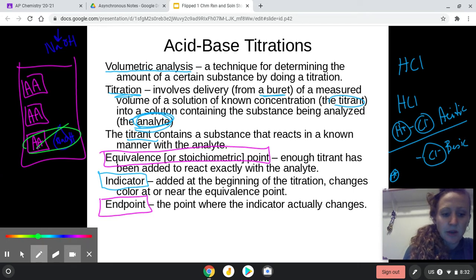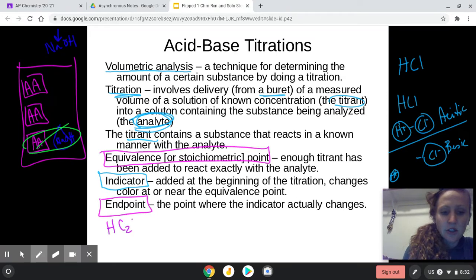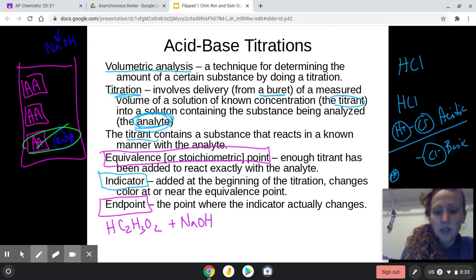Let me just write that reaction out. We're going to talk about neutralization here in just a second. So you have HC2H3O2 plus NaOH. Okay, so it's a double replacement reaction where the H and the OH match up and you get water.